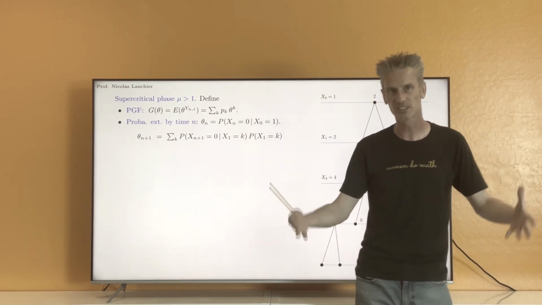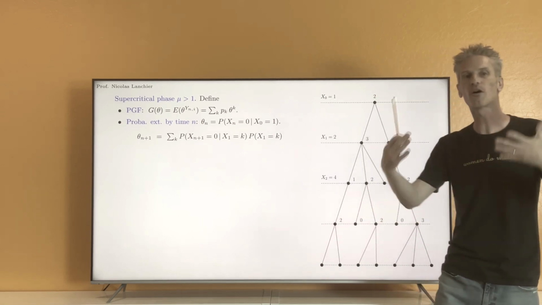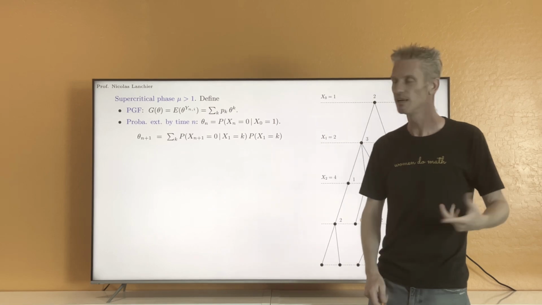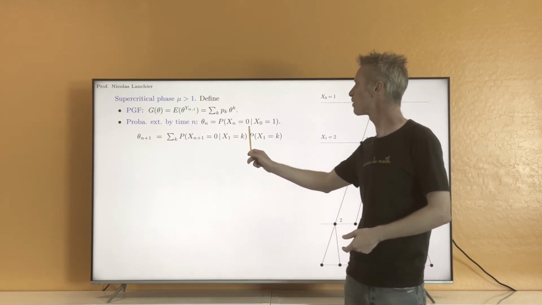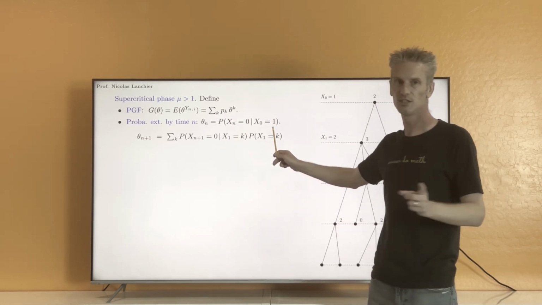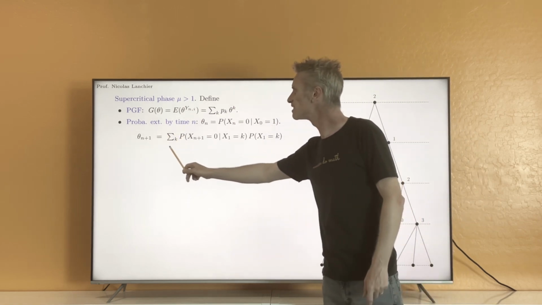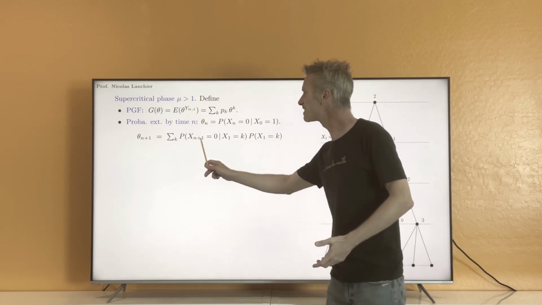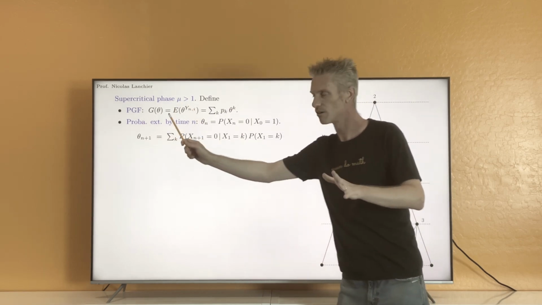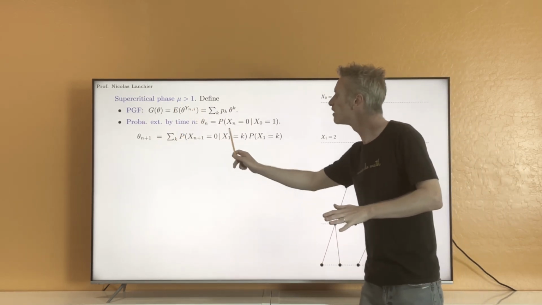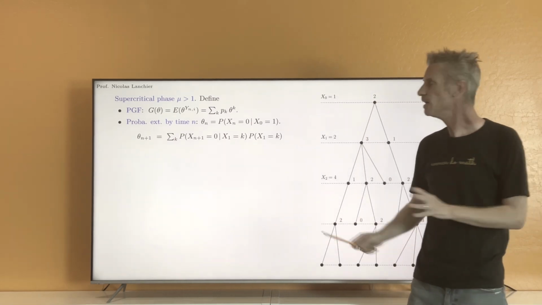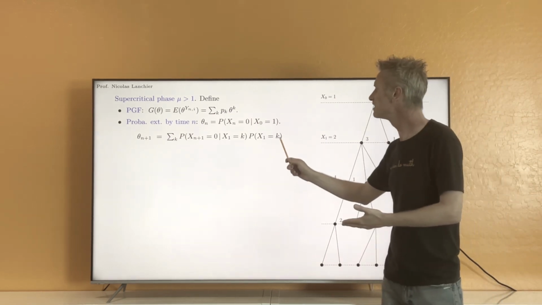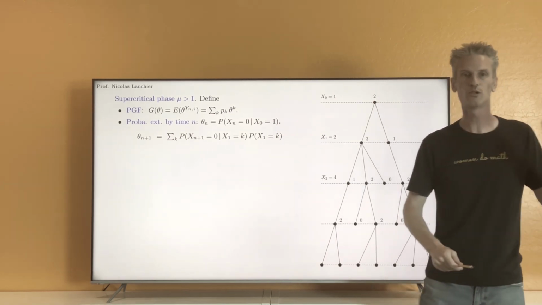That forms a partition of omega. Conditioning on this partition, I can write that theta n plus 1, which is the probability that Xn plus 1 equals 0 given X0 equals 1, is the same as the sum over k of the probability that Xn plus 1 is 0, so your event of interest, given X1 equals k, times the probability that X1 equals k, and you can add here given that X0 equals 1.